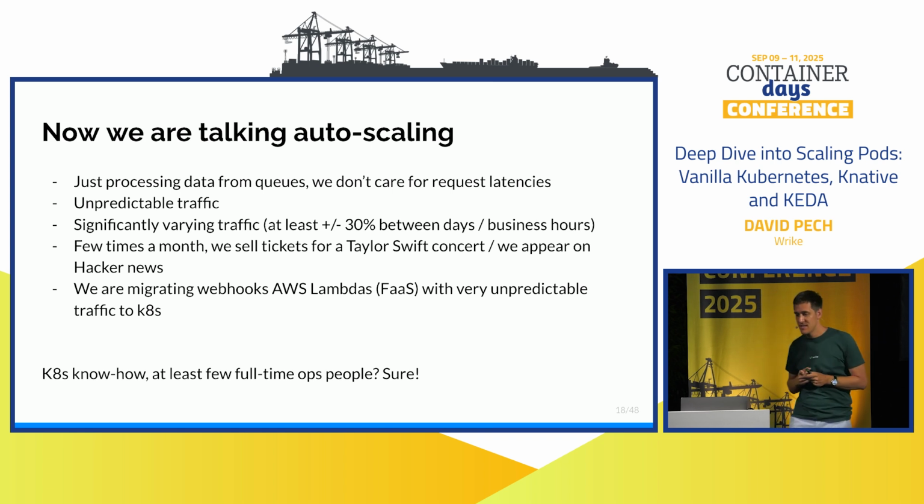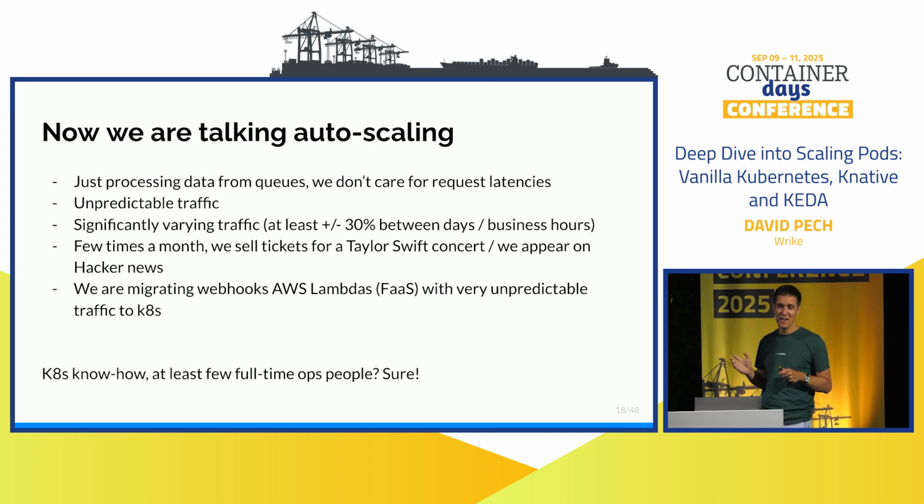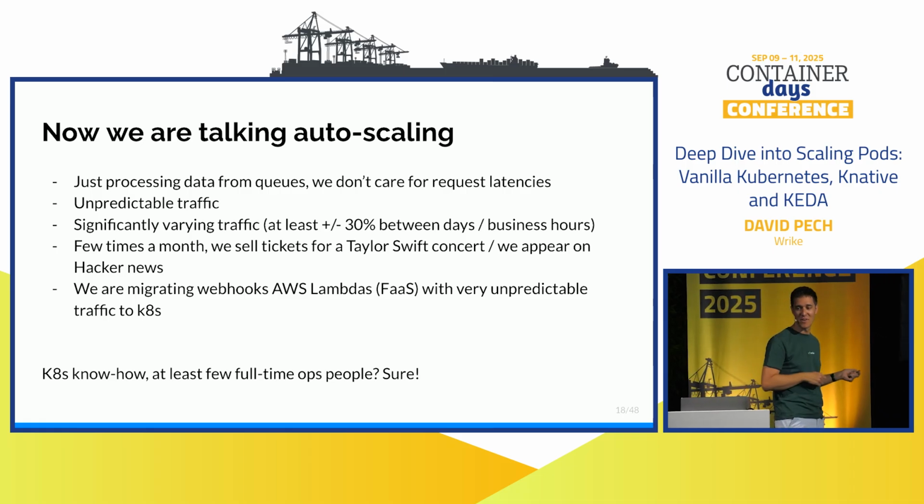If you are selling, let's say, concerts at large scale, etc. Probably I would say that if your application is smaller, typically any appearance on Hacker News means that you are being DDoSed by your regular users. It's not like scaling at all, because the difference could be really up to 100 times the requirement there.